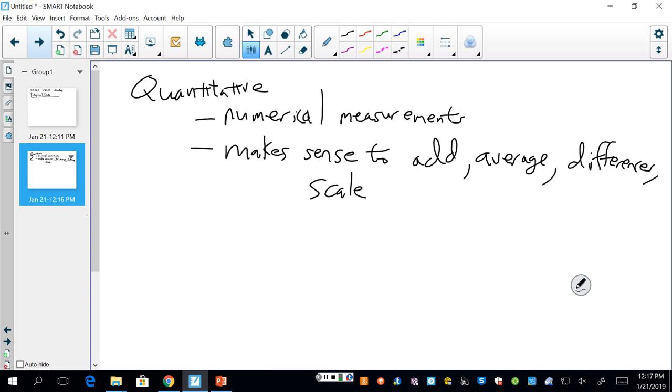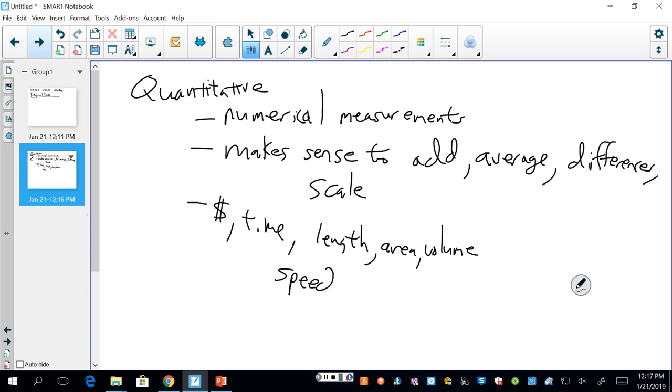Prime examples you'd have in a study would be things like dollars or time, or size measurements like length, area, or volume.